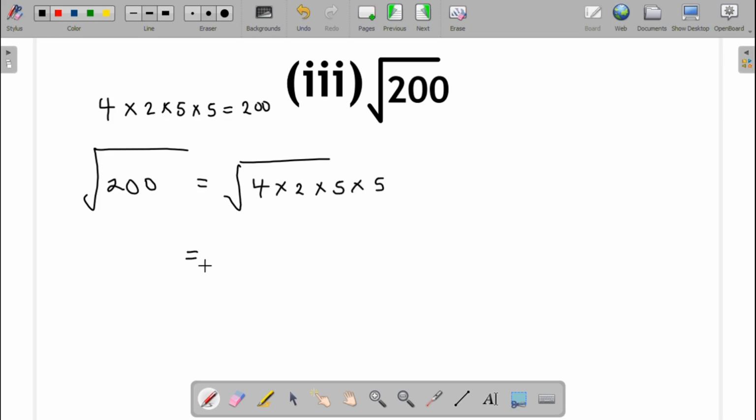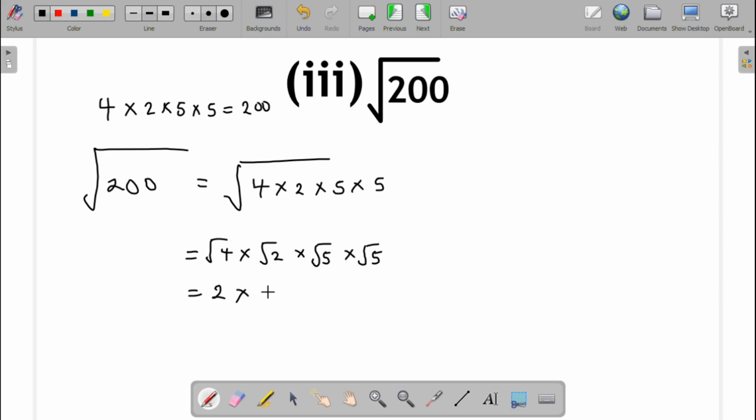Now, following the rules of surd, this is going to become root 4, because they are joined by times, each of the numbers will be separated, each having its own square root, times root 2 times root 5 times root 5. Okay. Now, root 4 is equal to 2 times, good. Now, if you have root 2 times root 5 times root 5.